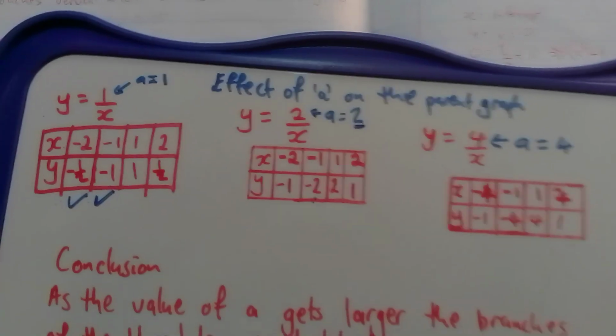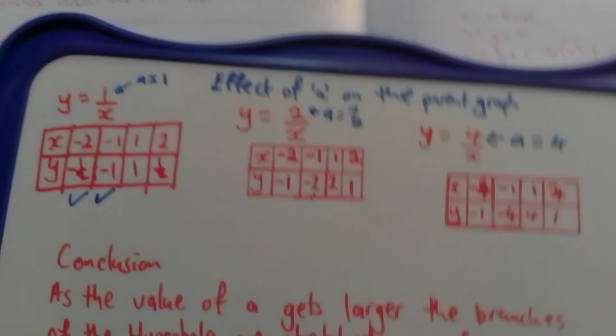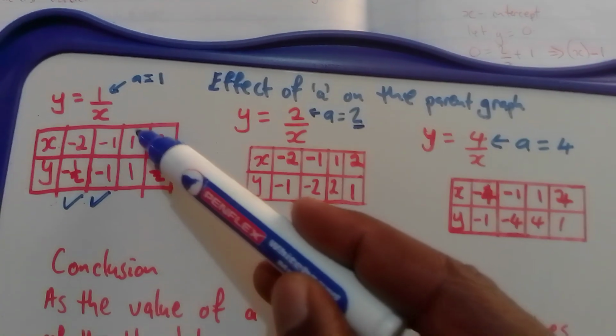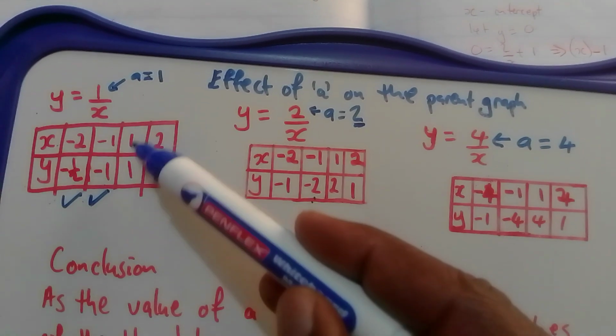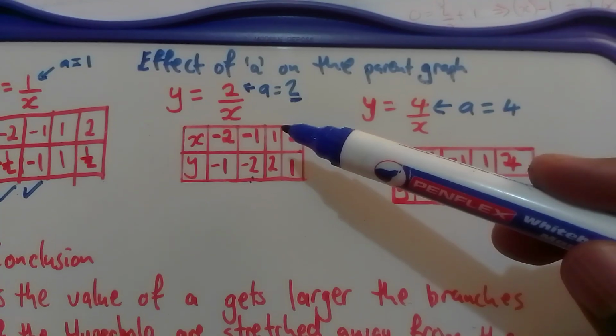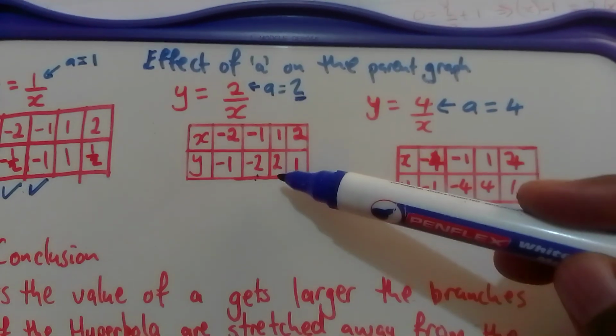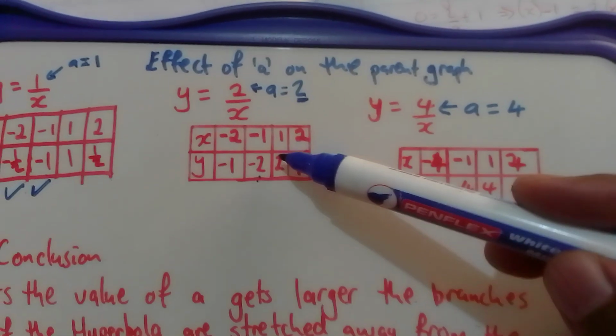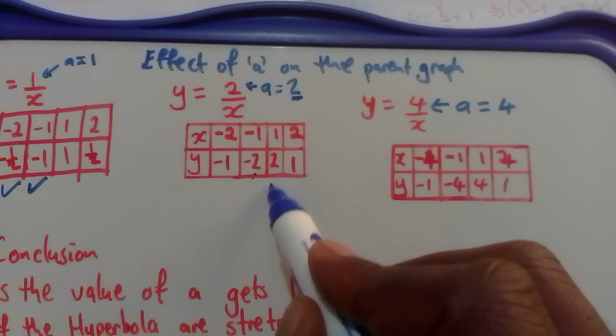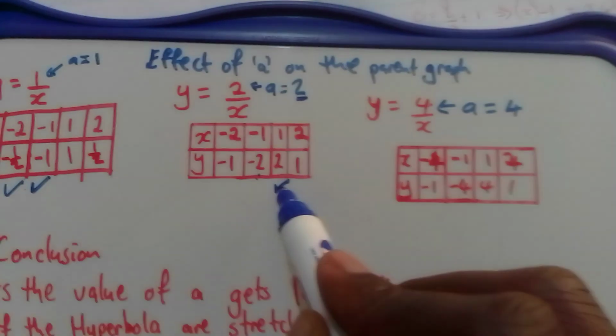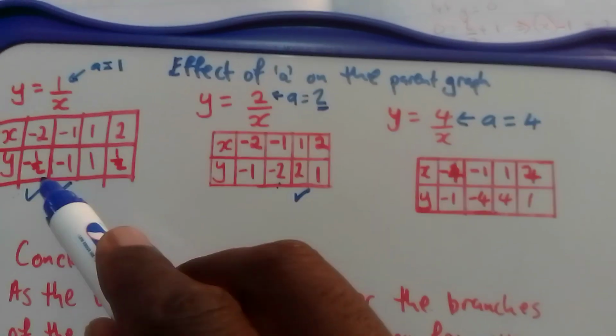All right, let's see the positive numbers to see whether it remains like that. When we've got x as +1 on the parent graph, our y value is 1. When we've got x as 1 where A is equal to 2, our y is equal to 2. So for the first time, we've got a y value which is bigger than the parent graph.